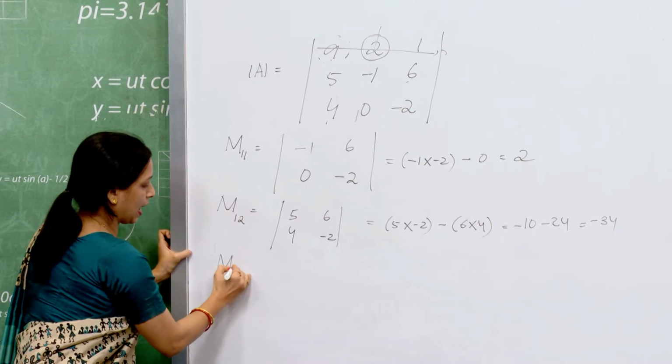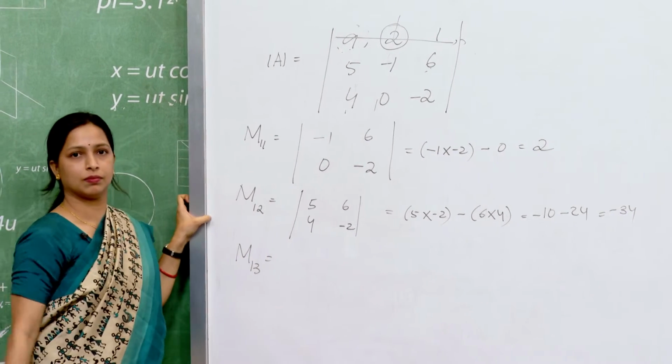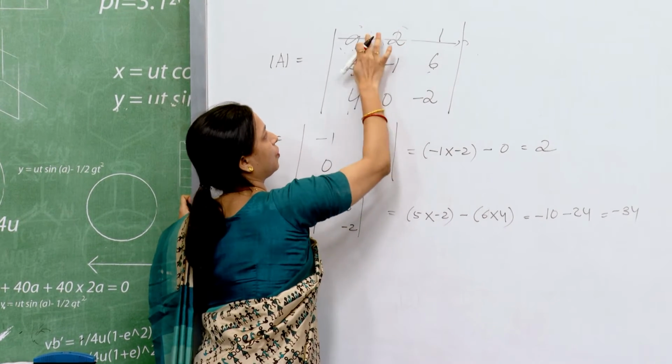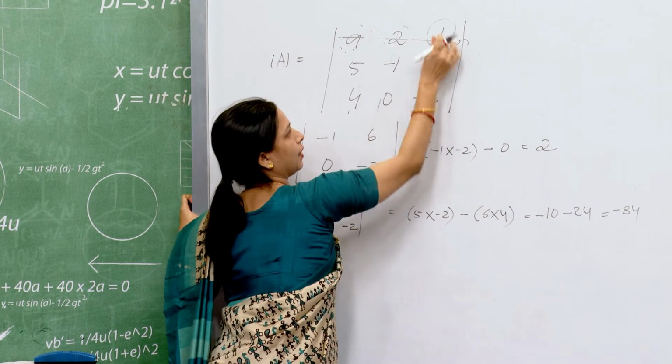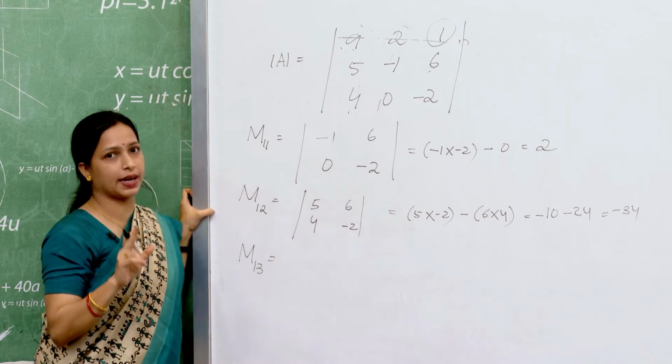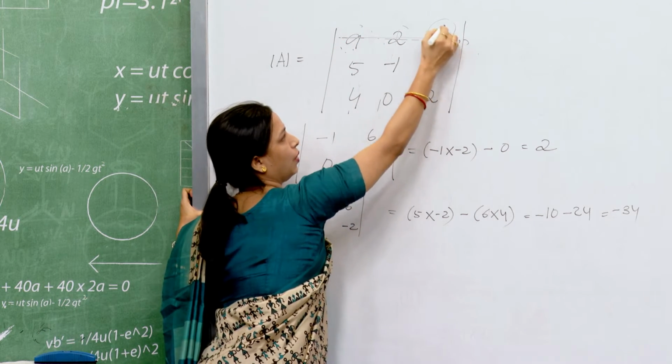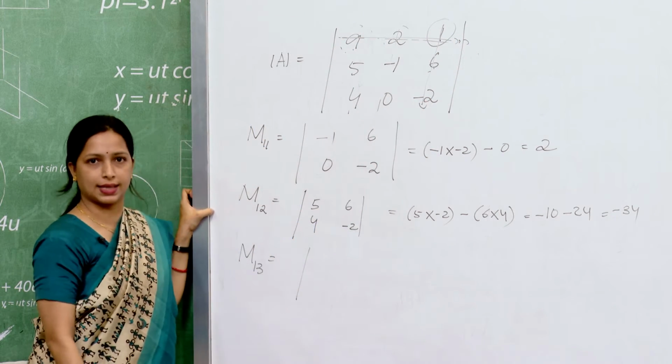Similarly, M 1 3, right. Which element? M 1 3 is 1. So, first I need to find out the second order determinant. So, I delete the row and column in which 1 exists.